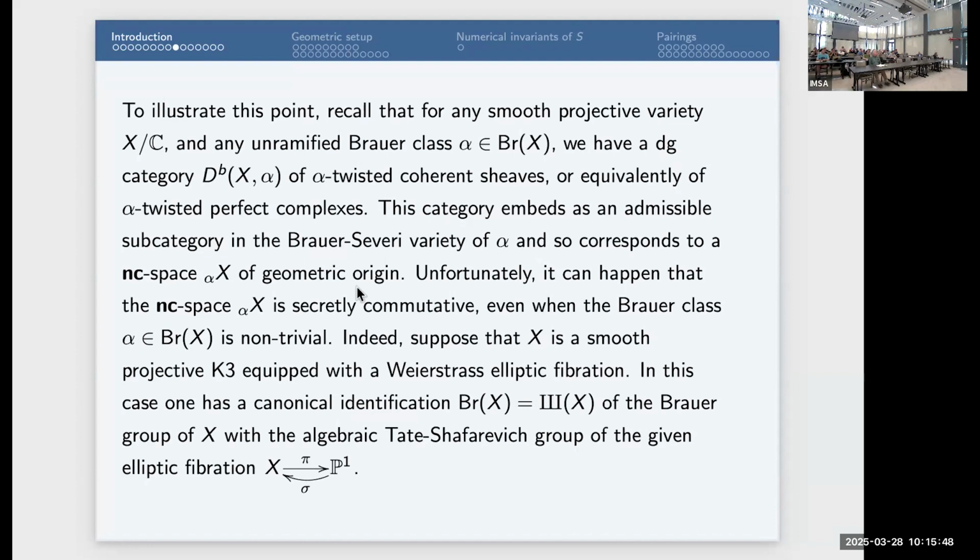There is some geometric origin, but, interestingly, it can happen that this non-commutative space alpha X is secretly commutative, even if the Brauer class alpha is non-zero. Indeed, suppose X is a smooth projective K3 surface equipped with a Lefschetz configuration, so X, if you want, has a section. Then in this case the Brauer group can be identified with the algebraic group Sha, and this correspondence is very geometric.